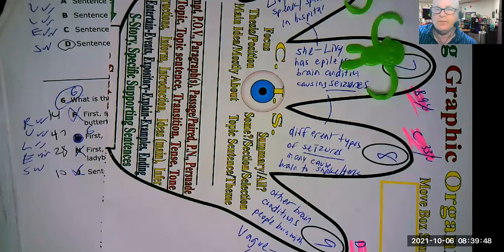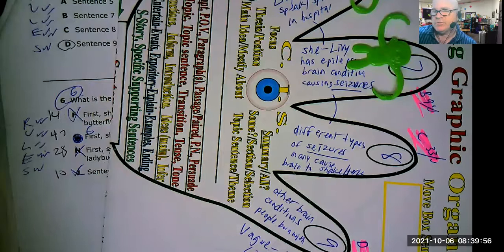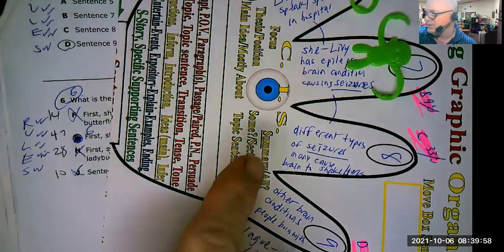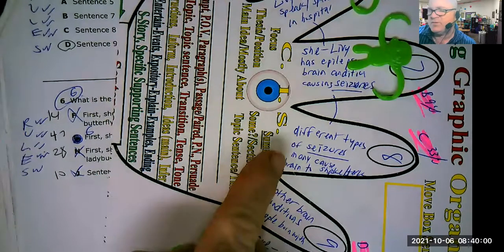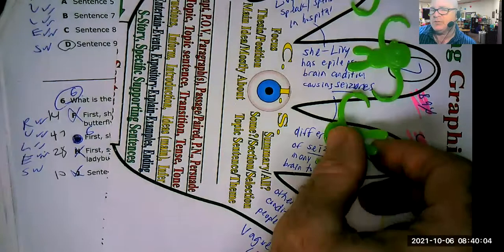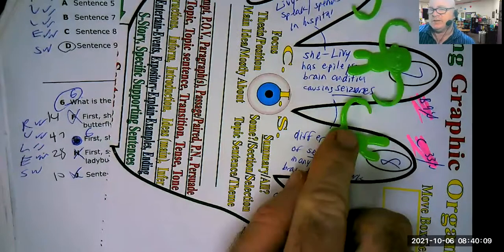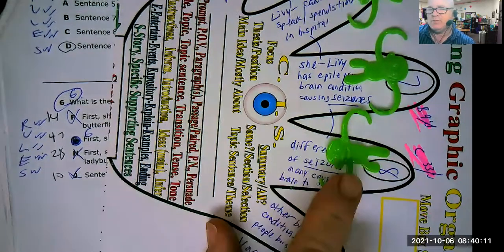Sorry about that. I wanted to double check to make sure that I was correct. So because the seizures is about the specific condition that Lily has, it would add support. So 33% said that it needed to be removed.